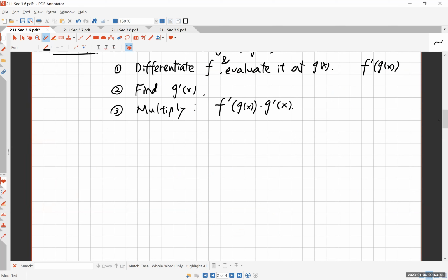Now, in the second part of this video, for the same section, 3.6, I'm going to give you many examples, sort of practice questions. And then we'll go into maybe using an example where 3 or more functions are put together. And then we will go on to the next section. All right, so let's go to the second part at this point.